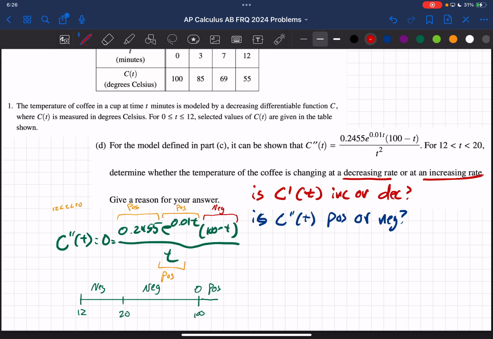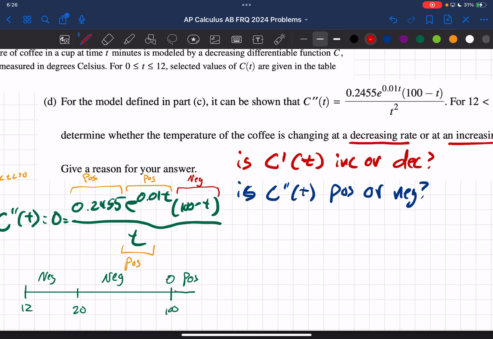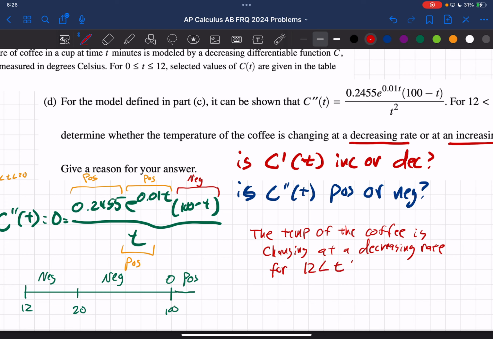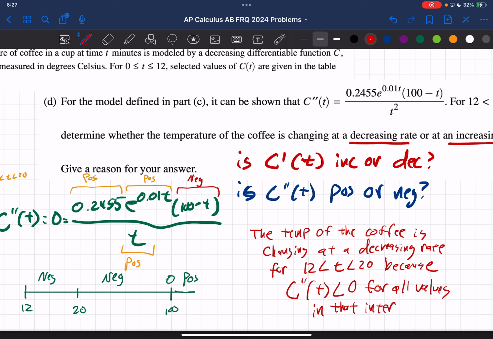So if we wanted to, we could just say that the temperature of the coffee is changing at a decreasing rate for 12 less than t less than 20 because c double prime of t is less than 0 for all values in that interval.